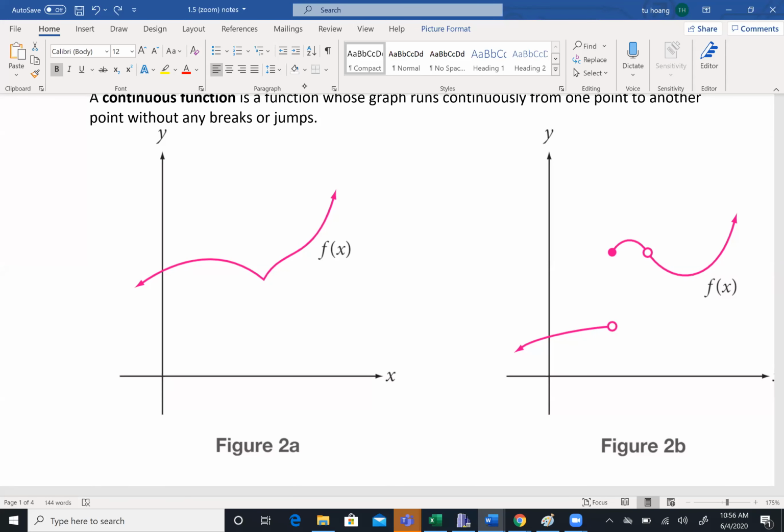Even though there is a corner here, it's still continuously moving, so you don't have to worry about this point. You can still say it is a continuous function.